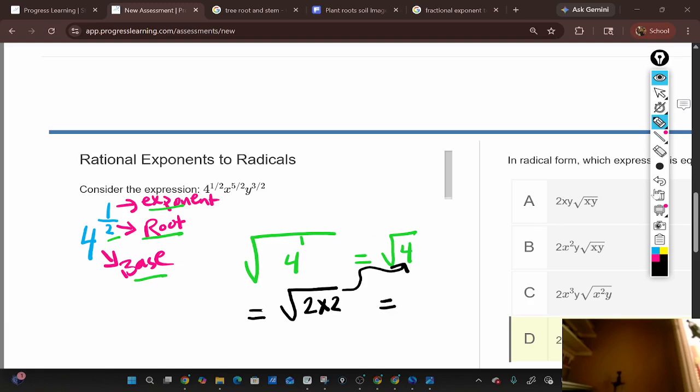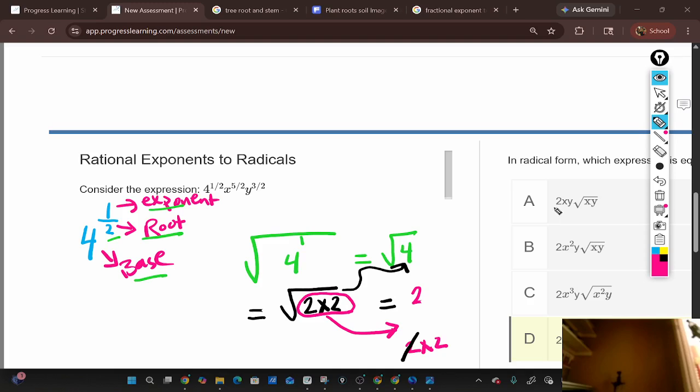Now, in a radical expression, we can group each two similar numbers and take them out. So we take them out like this, then we can cancel one of them and be left with the other one as the answer. So the answer for the square root of 4 is 2.